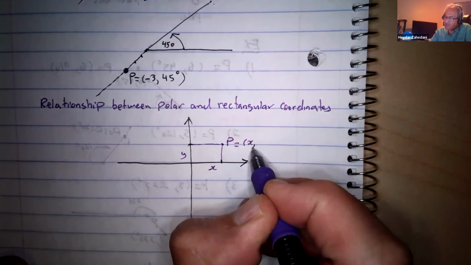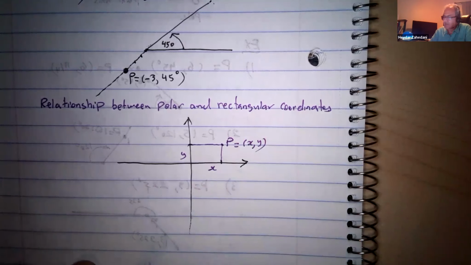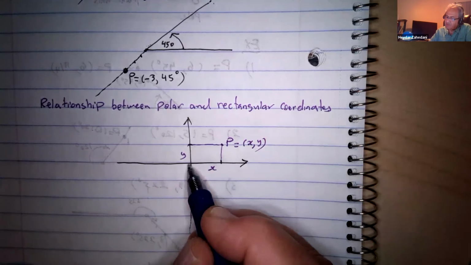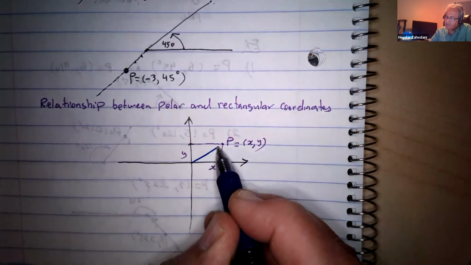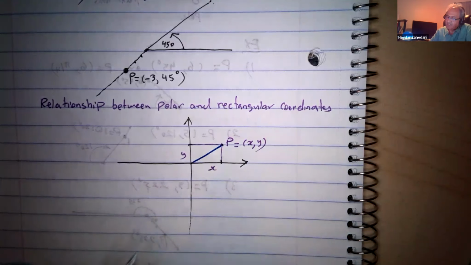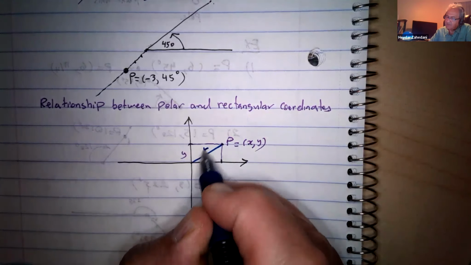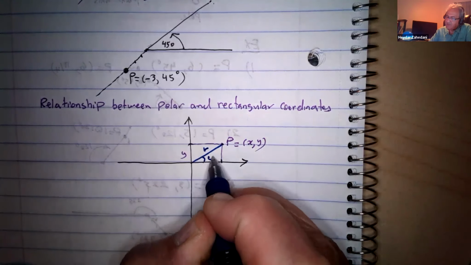So this is going to be (x, y). But if you want to change it to the polar coordinates, you can draw this line. That would be the r. Okay, so this is going to be r. This angle over here is going to be our theta.